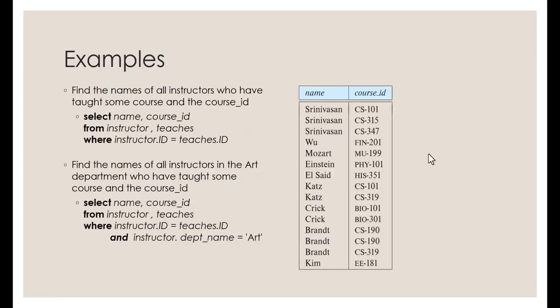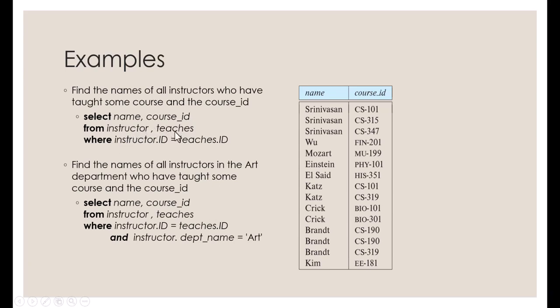So we want to find the names of all instructors who have taught some course, and the course ID. So we have select name, comma, course ID from instructor and teaches. We are combining these two tables. If we didn't have a where clause, it would return every single possible combination, so it wouldn't matter if the particular course was taught by a different instructor.